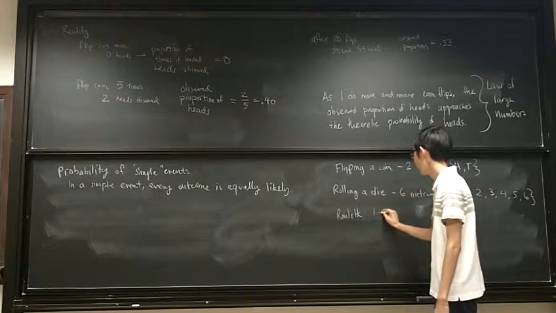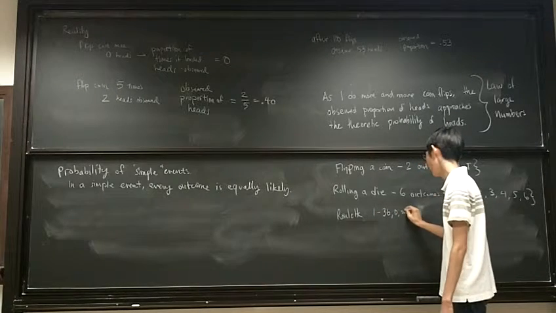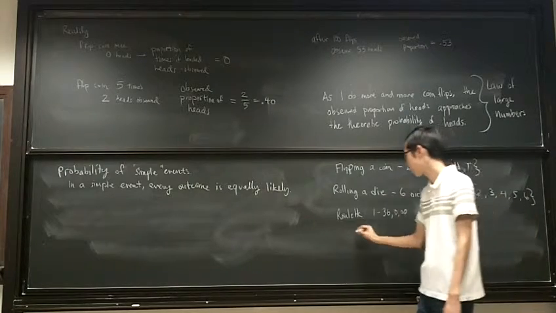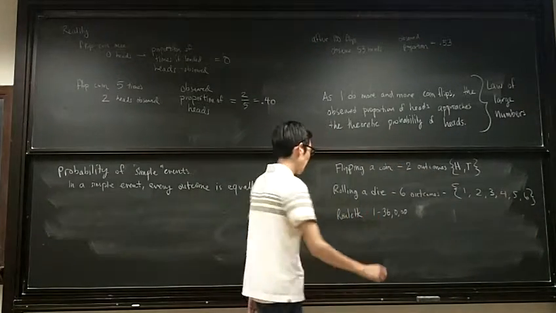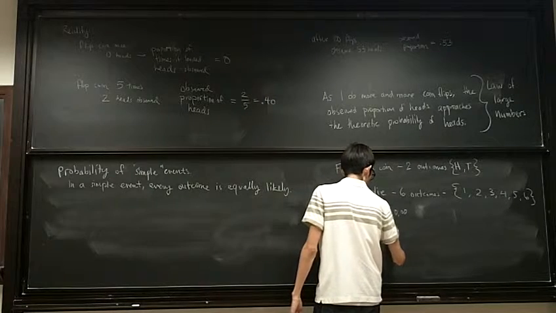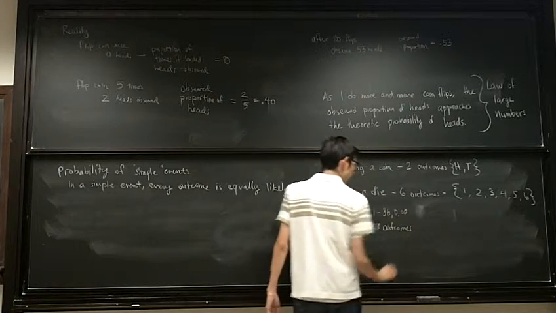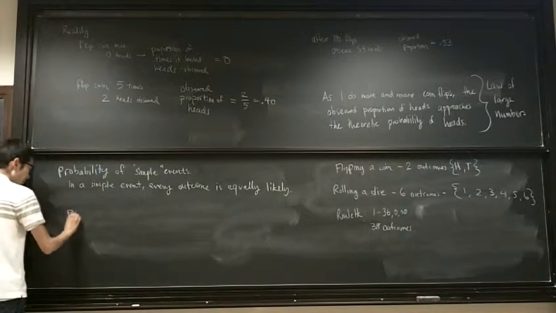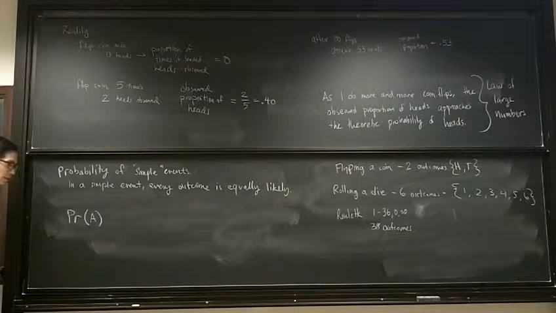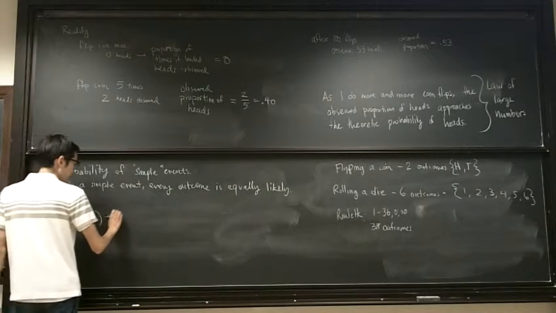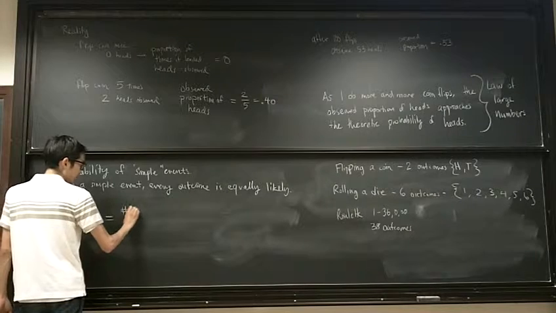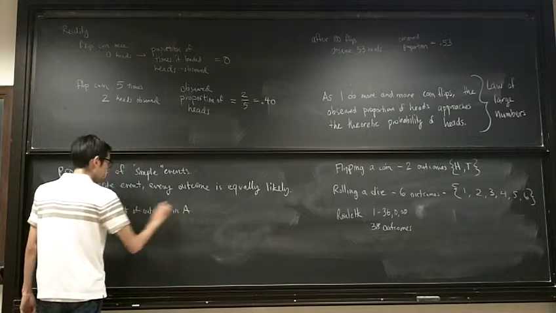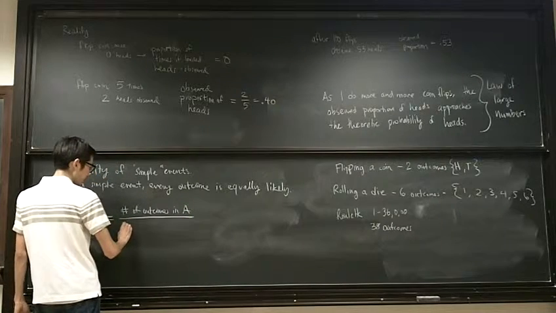You've got 1 through 36, the 0, and the double 0. Okay, 38 outcomes, all are equally likely. Okay, so for a simple event, when we say, what's the probability of some event A happening, this is equal to the number of outcomes in A divided by total number of possible outcomes.